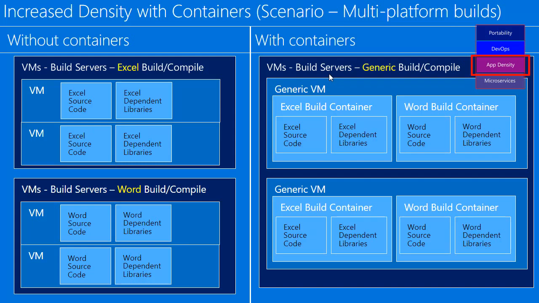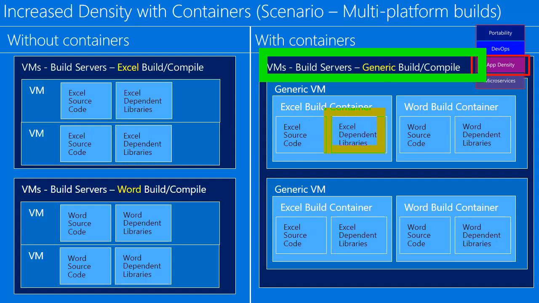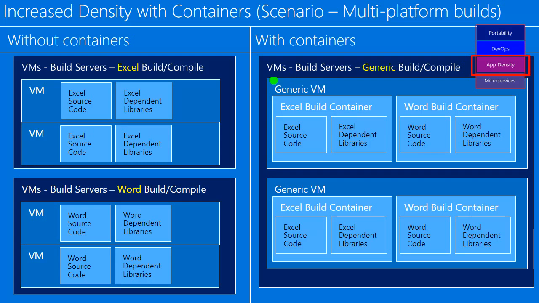Now contrast once again with the world of containers, whereby we have a generic build server, a generic VM that simply puts into the containers the dependent libraries along with the source code. So once again, the containers have both the libraries needed for compilation as well as the source code of Word. In other words, over here on one generic VM, we have both an Excel build process taking place as well as Word, meaning we can mix and match build processes on a single generic VM.